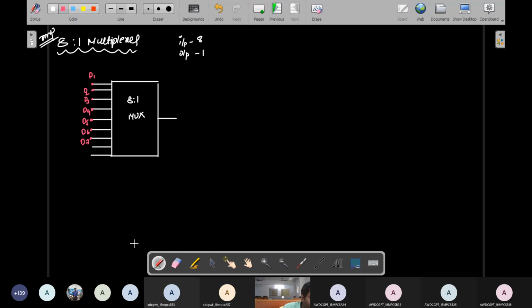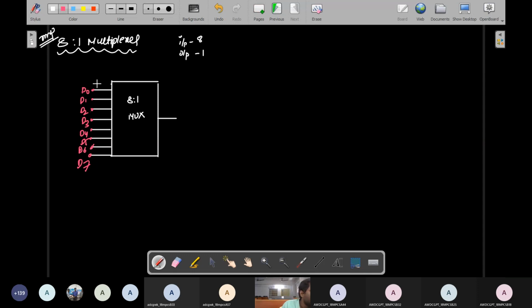Okay, total 8 inputs only. D0, D1, D2, D3, D4, D5, D6, D7. Okay, so these are the 8 inputs.